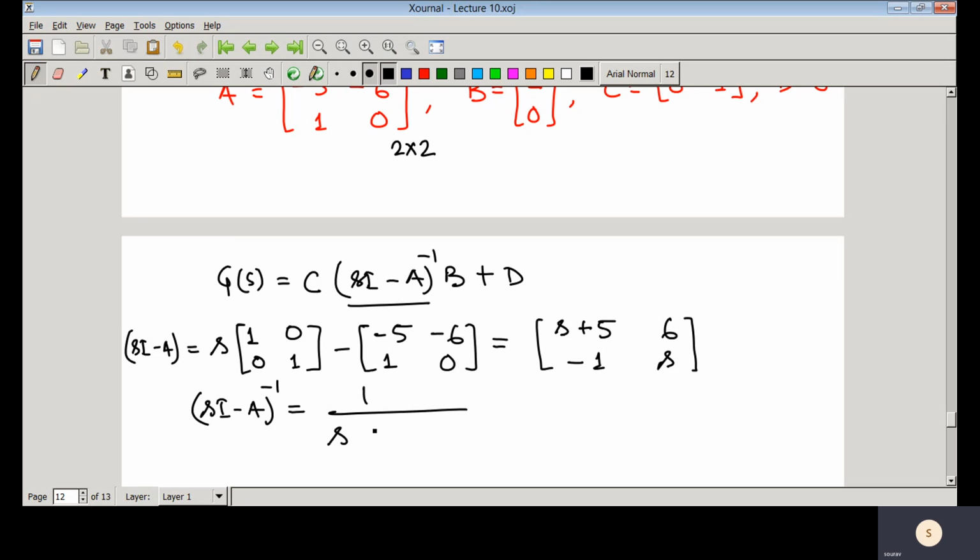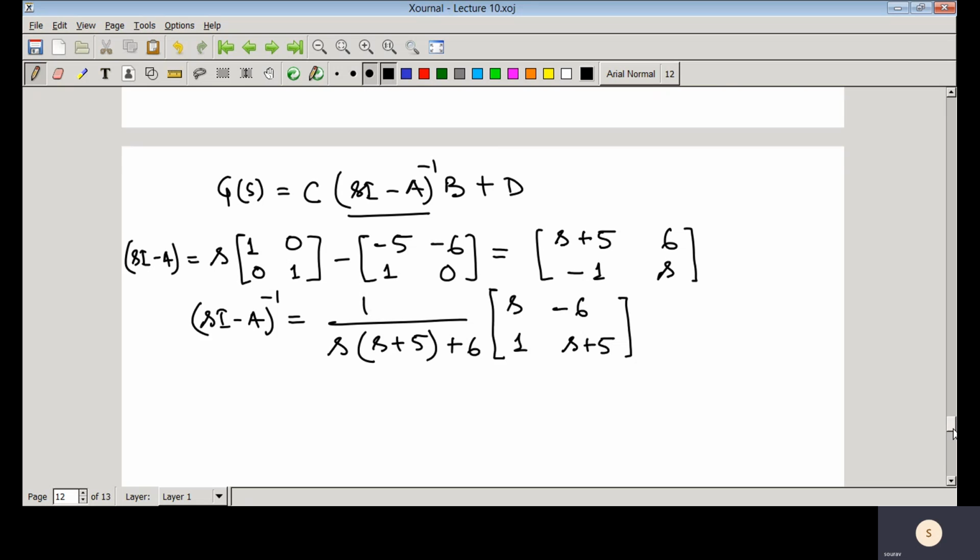The determinant is s times (s plus 5) plus 6, and the adjoint of that matrix is [s, -6; 1, s+5]. If you forget the inverse of a matrix, I suggest you see some linear algebra book. This is the inverse of that matrix, just changing the signs, as it is a 2 cross 2 matrix.